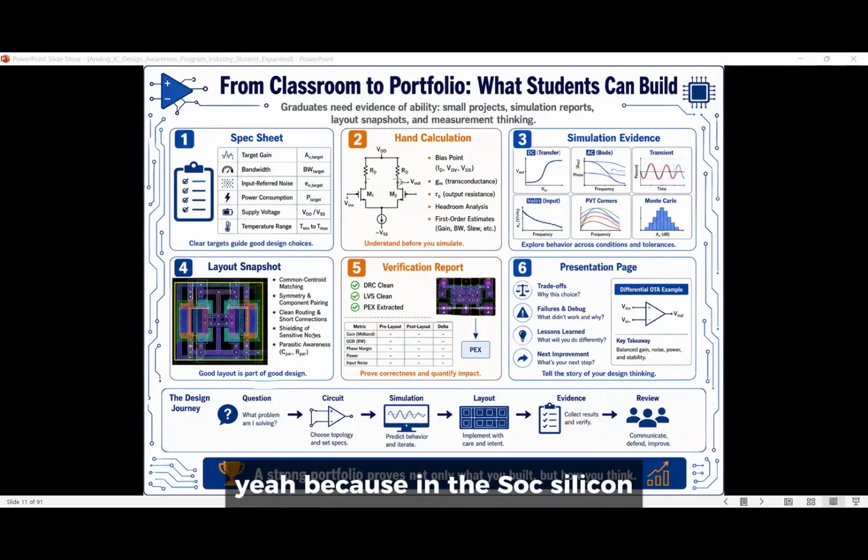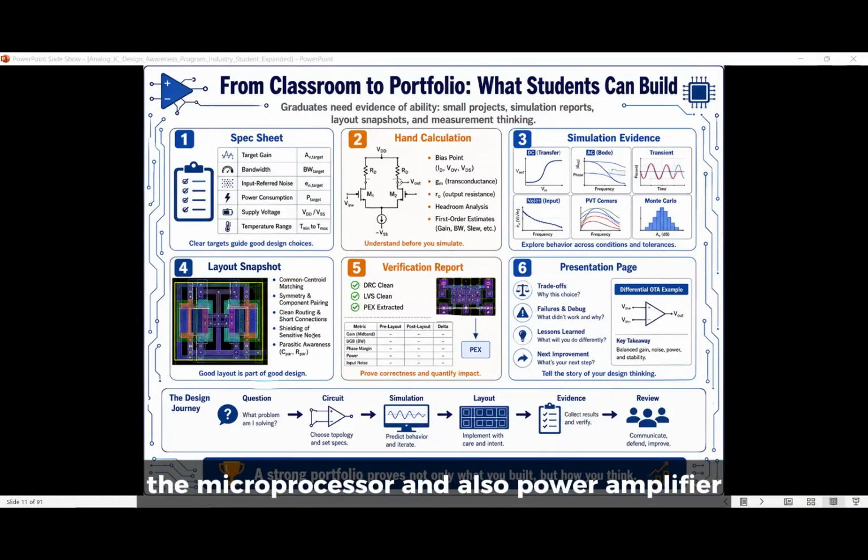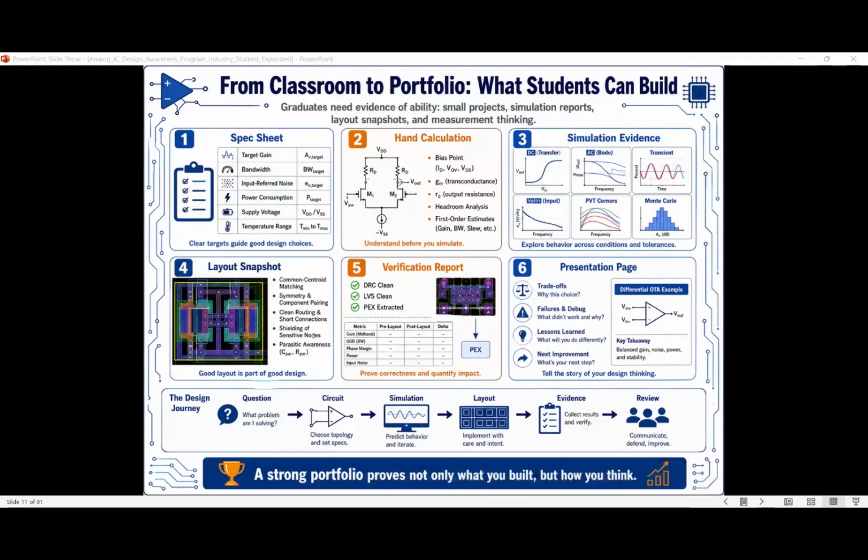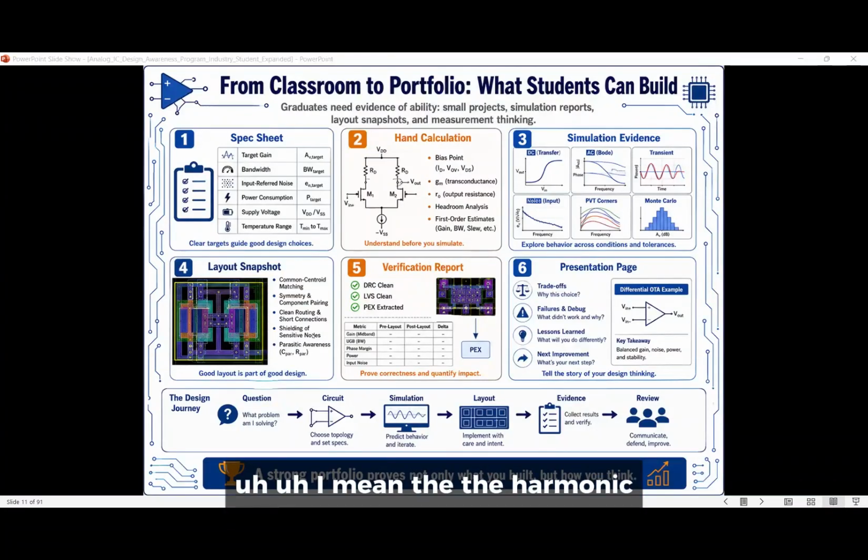So why is that important? Because in the silicon SoC, right, we have multiple circuit blocks, for example, the microprocessor and also the power amplifier. So these circuits are rather noisy, right? For example, the microprocessor will generate a lot of sidebands, I mean the harmonics of the clock signal.